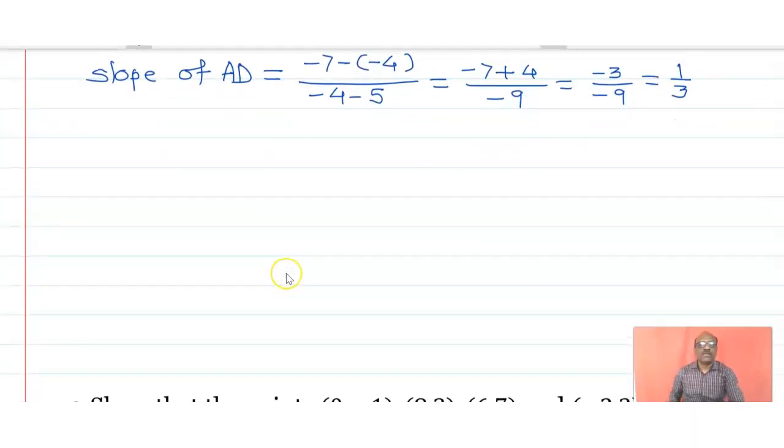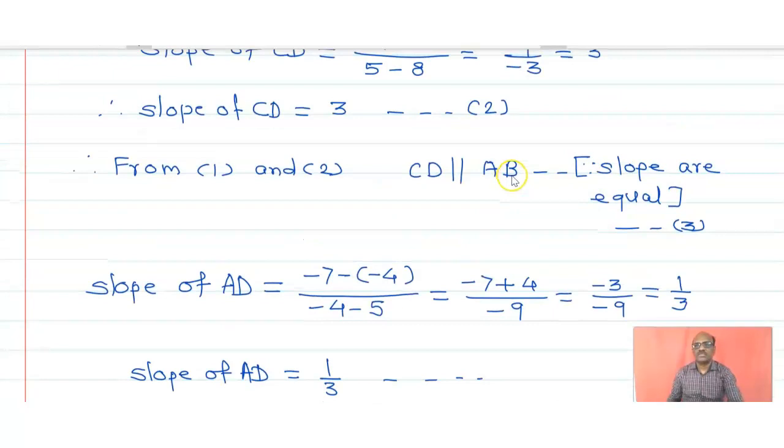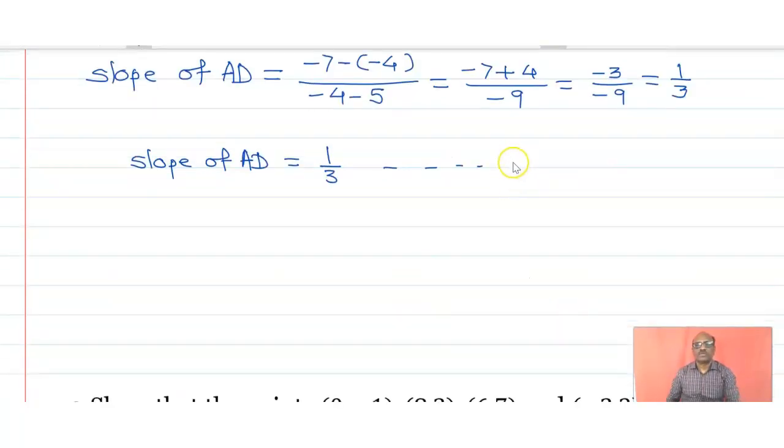Therefore, slope of AD is equal to 1 upon 3. And this is the fourth one.